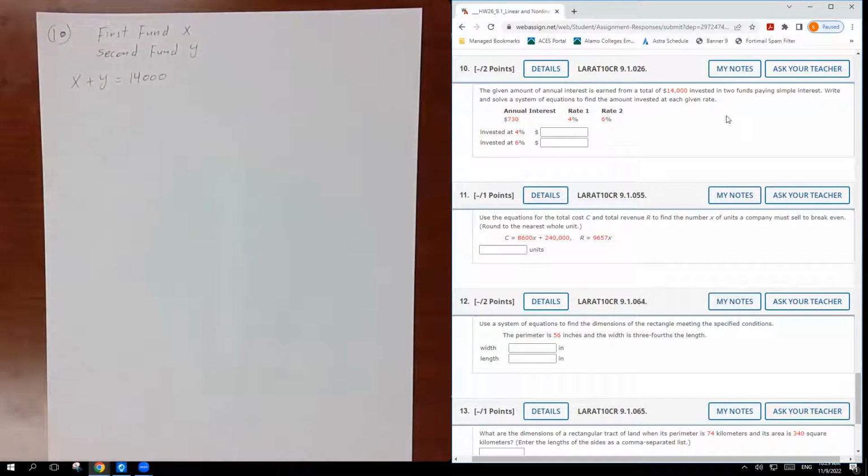Now let's check here. Write and solve the system of equations to find the amount invested at each given rate. The annual interest that you earned for these two funds at 4% and at 6%. So these two are going to be the second equation.